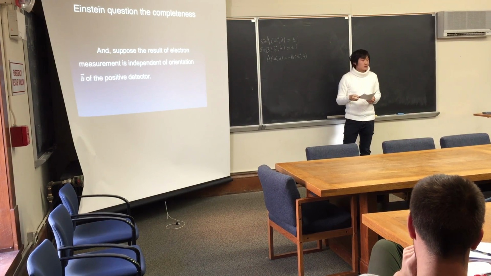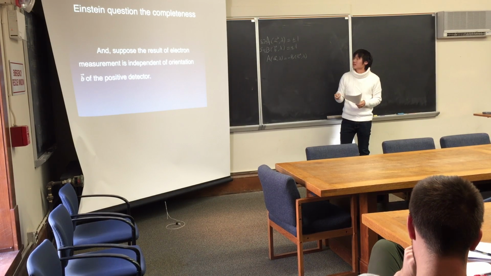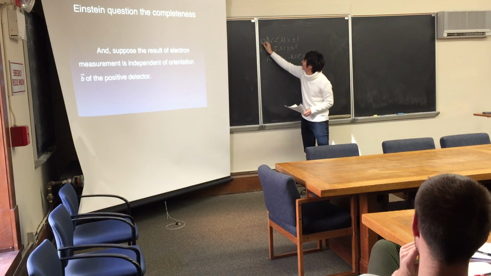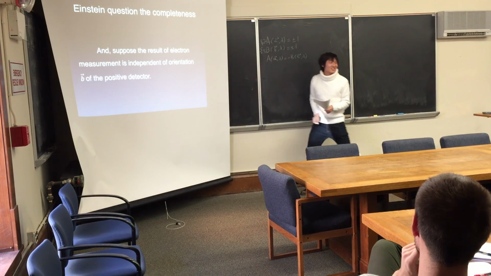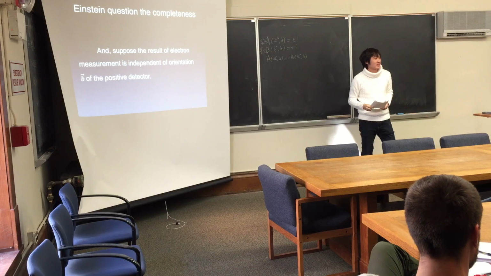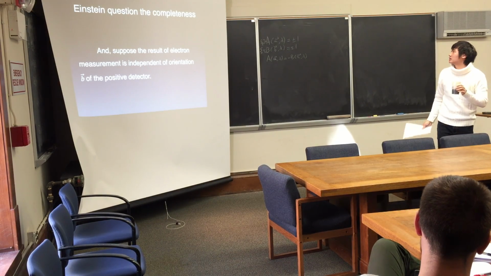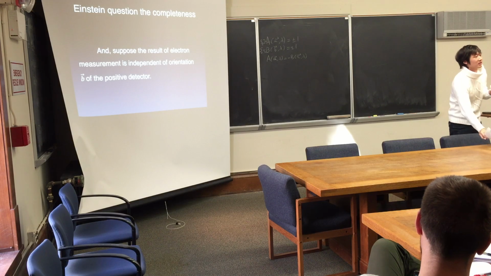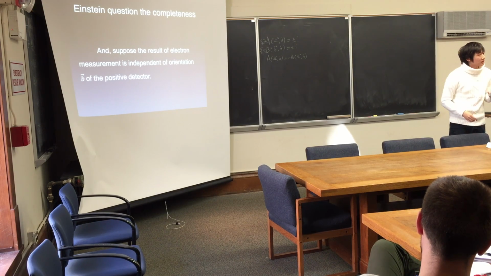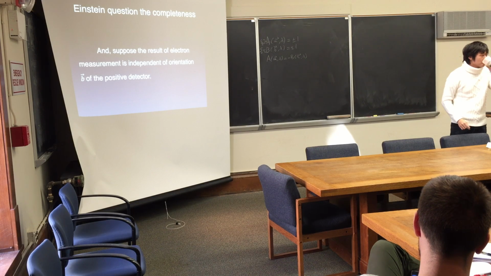The first one is the electron spin, and the second is the positron spin. Yes. Can I imagine it this way: A is the detector of the electron, and that's the result of the electron detector coming out?